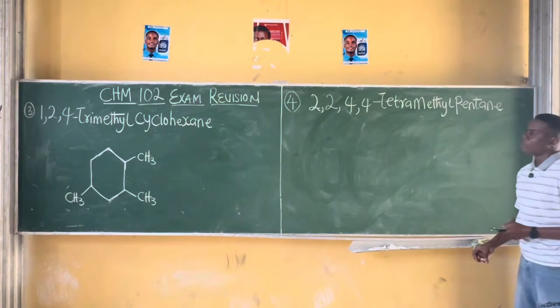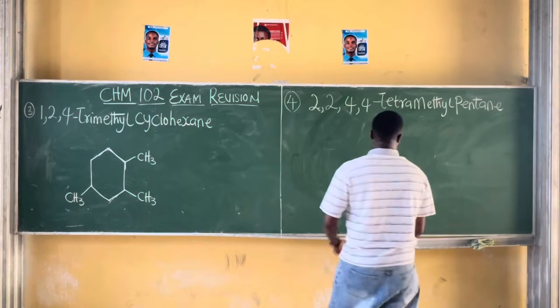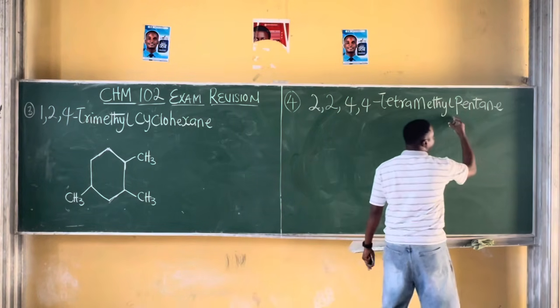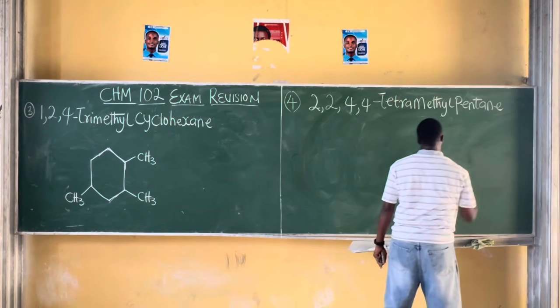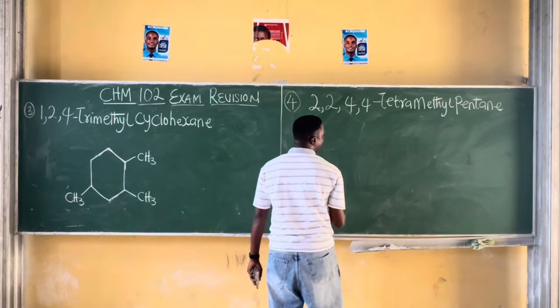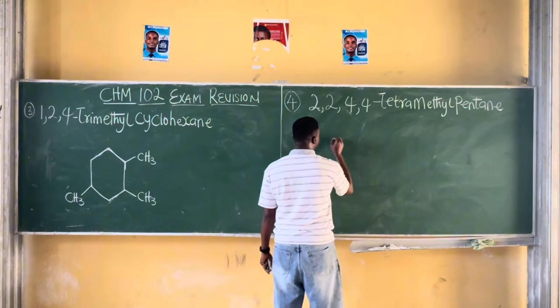To draw this structure, once again we look at how many carbons we are dealing with: 5 carbons. So we try to draw a 5 carbon chain.